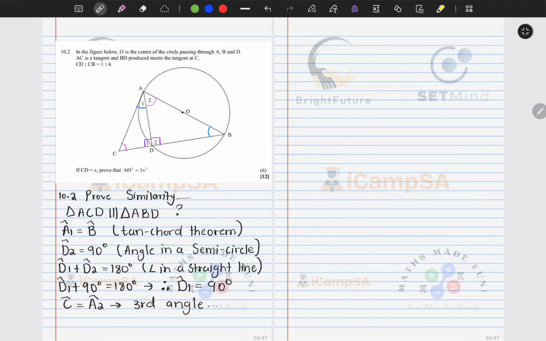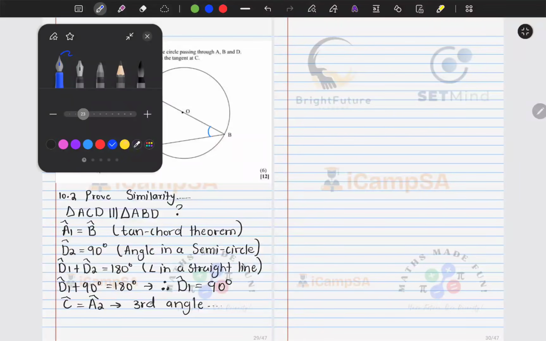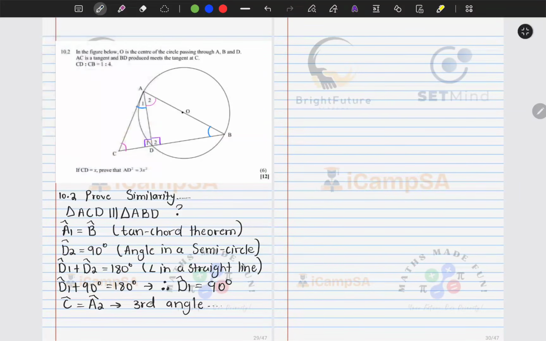Okay, now with this in mind, we can go ahead and solve this problem here. So what we are told is that CD divided by CB just gives us 1/4. Okay. Now what we are required to do is that if CD is X, then we are required to prove that.